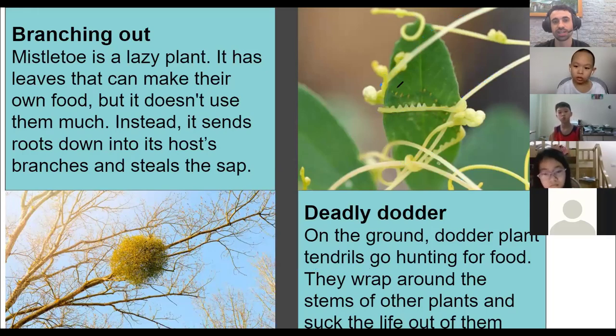They are sucking the life out of these plants. So what do you think they're stealing from the plant? What does it mean to suck the life out of a plant? What do you think they're taking?